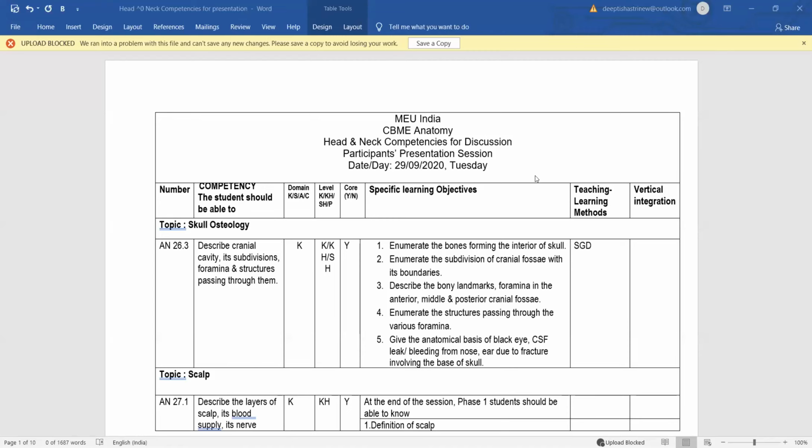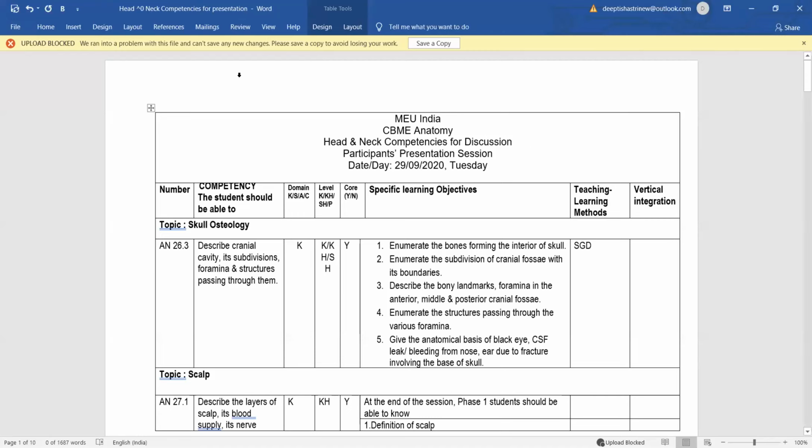The domain and proficiency level are parallel to each other. When we use a domain like K or S, and mark the level as K, KH or SH, SH does not stand only for the living subject, as far as I know, ma'am. If I am wrong, please correct me.